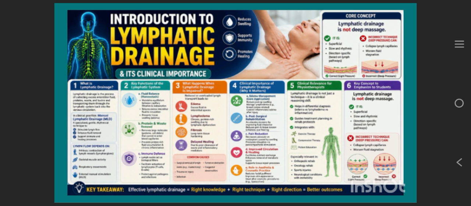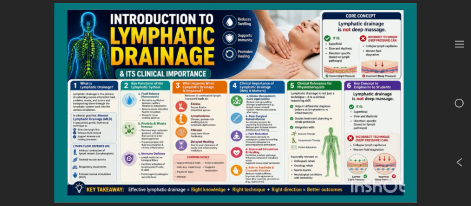In clinical practice, this concept is operationalized as manual lymphatic drainage, MLD: a specialized, gentle and rhythmical therapeutic technique designed to stimulate lymph flow, enhance removal of excess fluid, and support immune and healing processes.